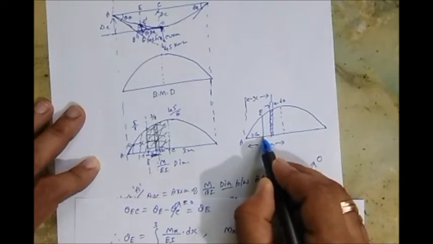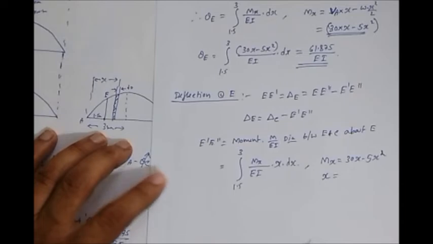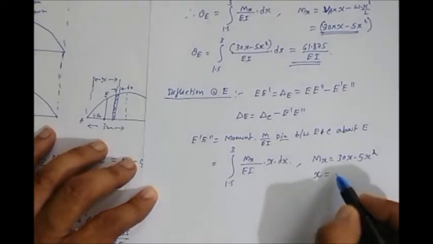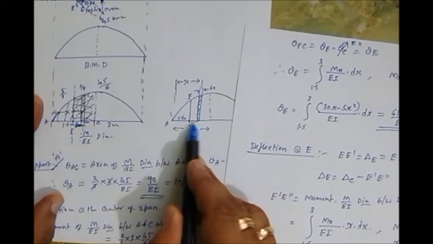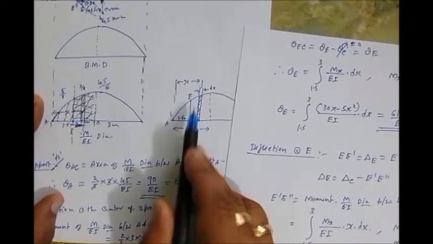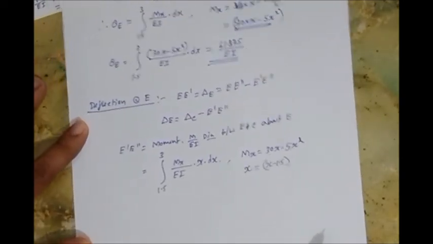You can make it out from the diagram. The value of x becomes x minus 1.5, because you have to know this distance, moment about E. So this is a strip, and this distance is x minus 1.5. Okay, so this is the integration.